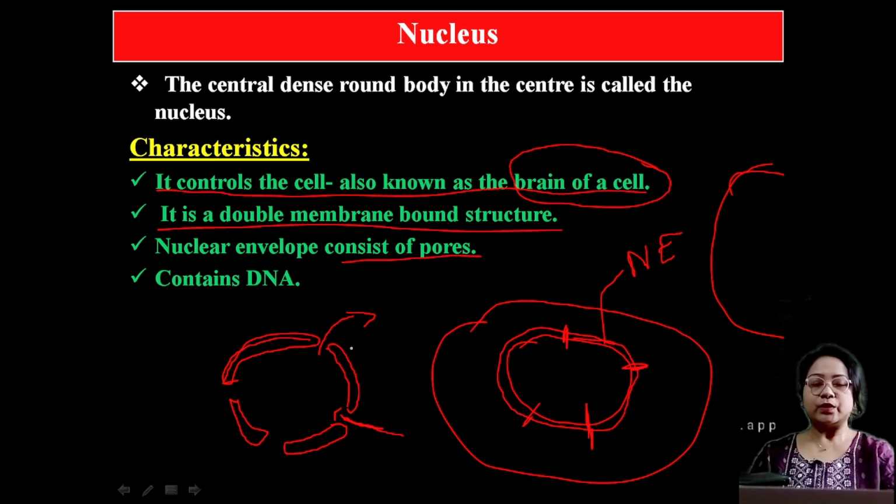So this nucleus consists of DNA, that is a genetic material, as we say, DNA, deoxyribonucleic acid, deoxyribonucleic acid.